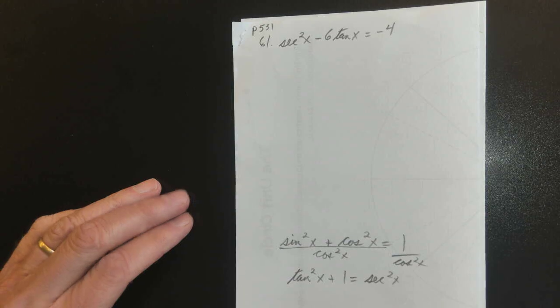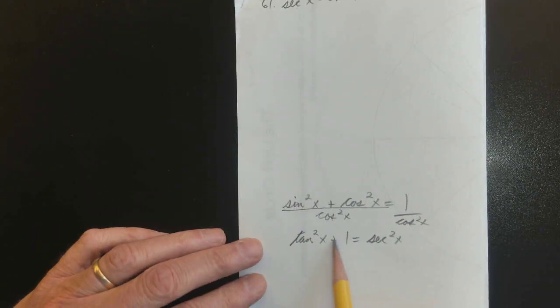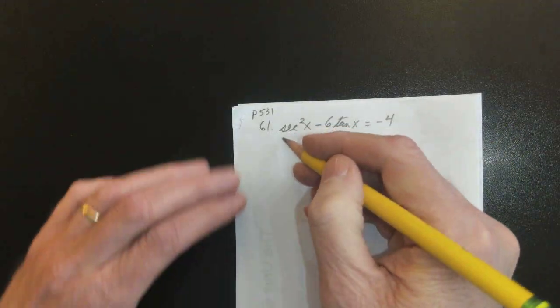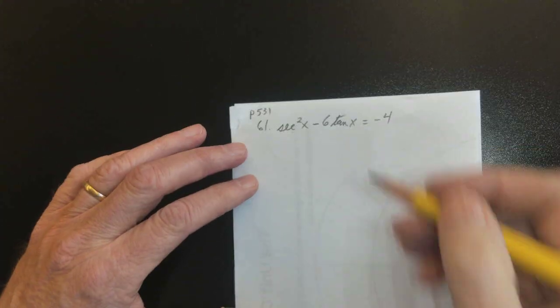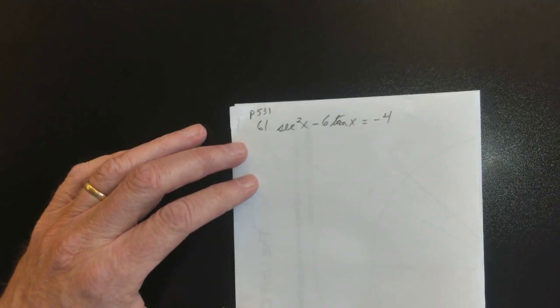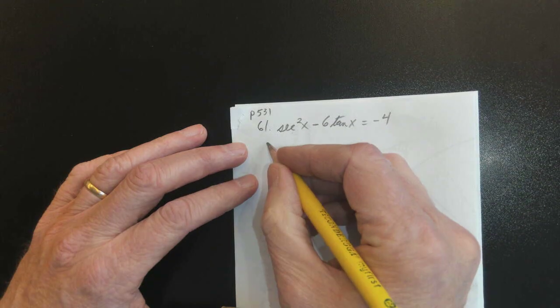Okay? And that's one of the identities. So I'm going to replace secant squared x with tangent squared x plus 1, so that we only have to deal with tangent.